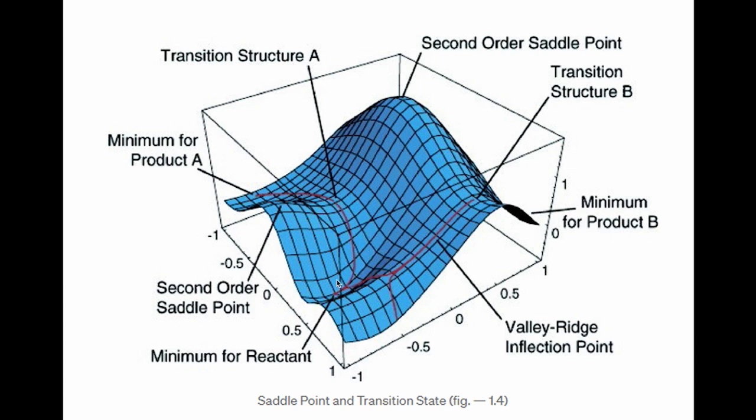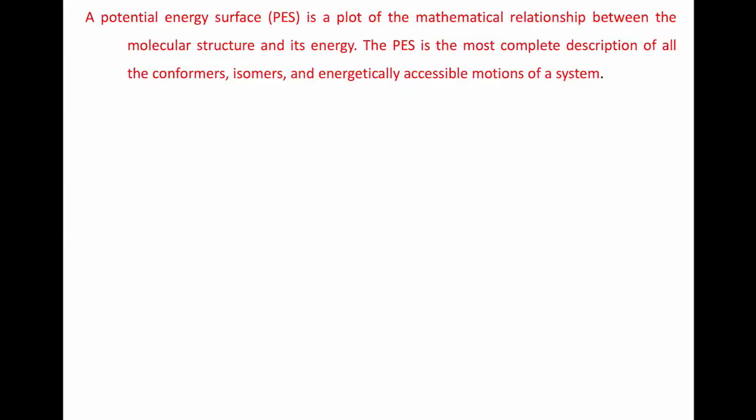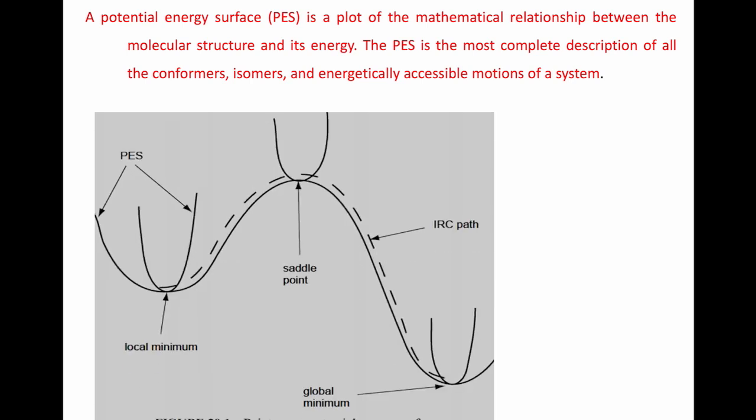This is a local minimum. During a reaction, different types of local minima and highest energy points are obtained. The minimum energy points are called local minima, and the highest energy point, the transition state, is called a saddle point.